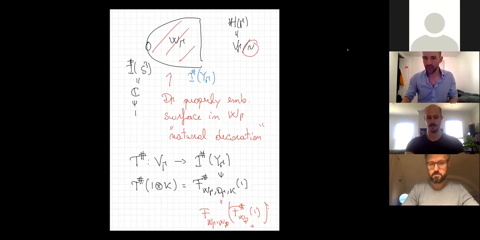Okay, say alternating knots. And what does almost alternating mean in this setting?